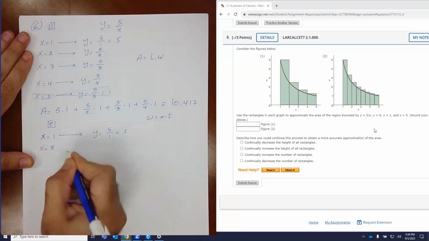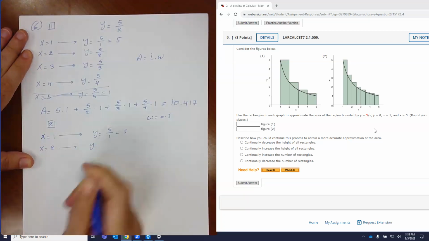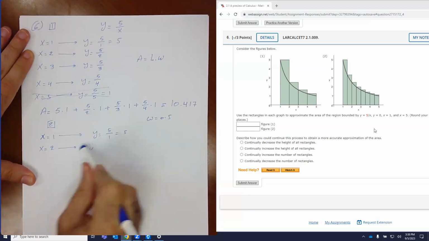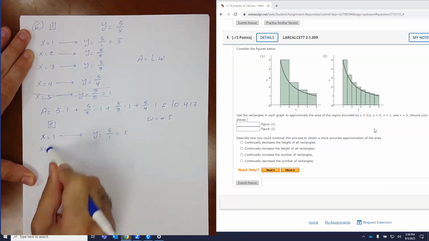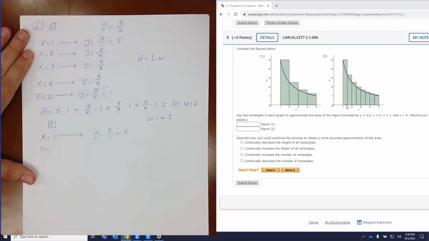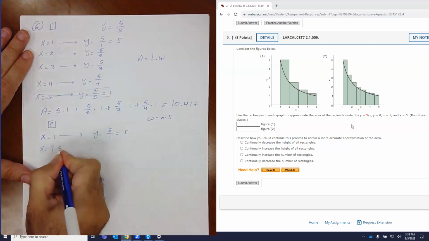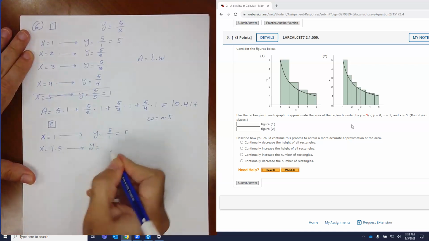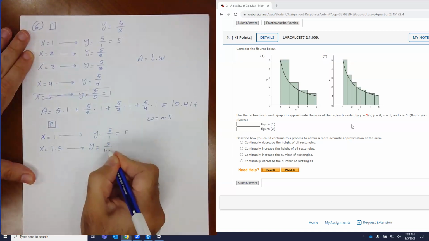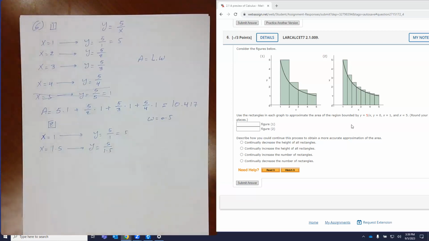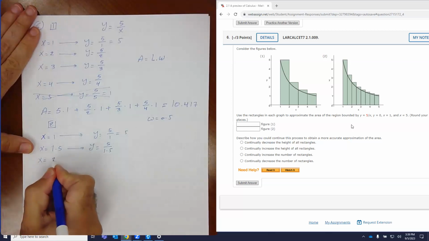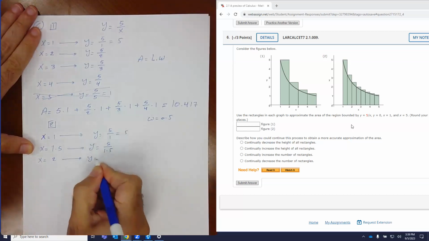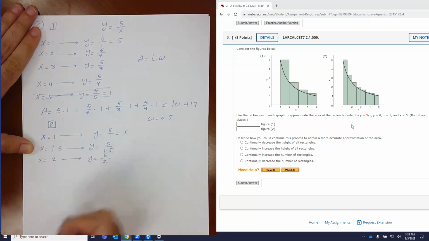When x equals... not 2. The second point here, be careful. So x equals 1.5 here. That means y is going to be equal to 5 divided by 1.5. I'm going to keep it like this. Do not convert it, just keep it like this. The next point, x equals 2. So y is going to be equal to 5 divided by 2.